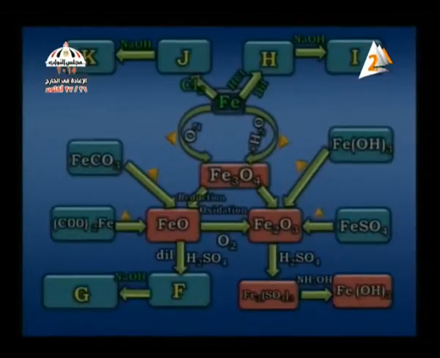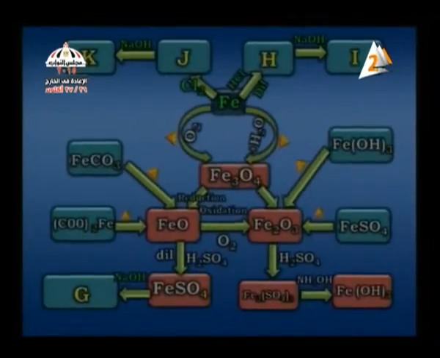So, my dear student, to get compound F, we have to react iron 2 oxide with dilute sulfuric acid. If you write the chemical equation indicating the reaction between iron 2 oxide and dilute sulfuric acid, it gives iron 2 sulfate.